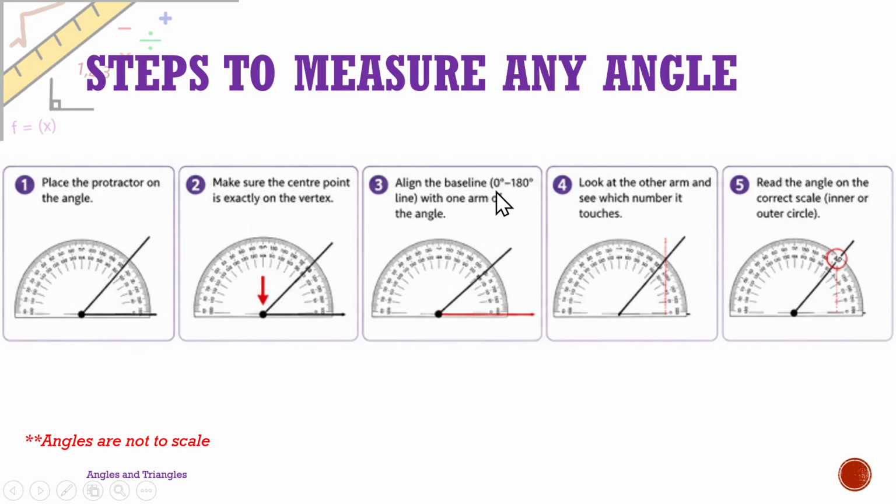Align the baseline, that is the 0 to 180 degree line, with one arm of the angle. Step 4. Look at the other arm and see which number it touches. Now, you just need to read the angle on the correct scale. It might be the inner circle or the outer circle based on what circle you're using to measure your angle. Isn't it easy?